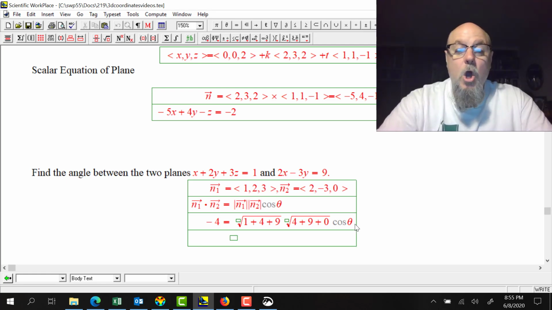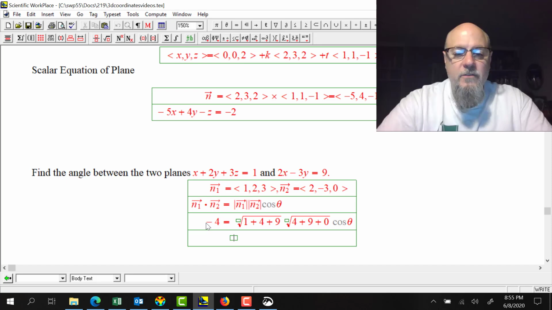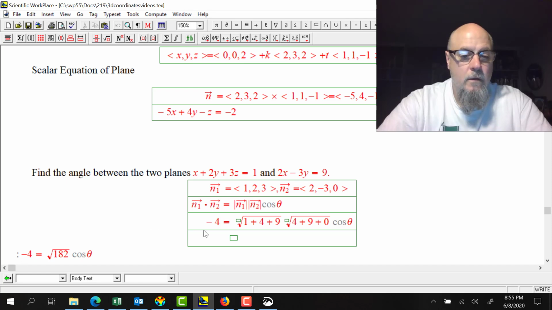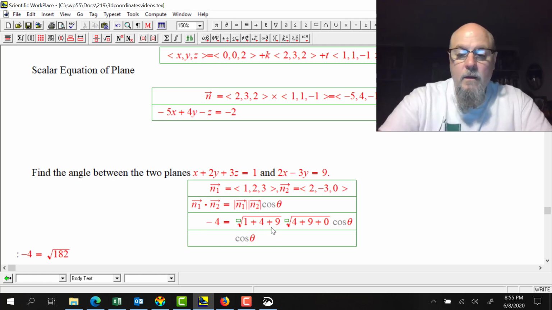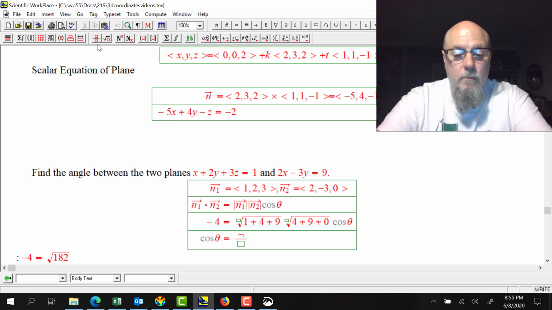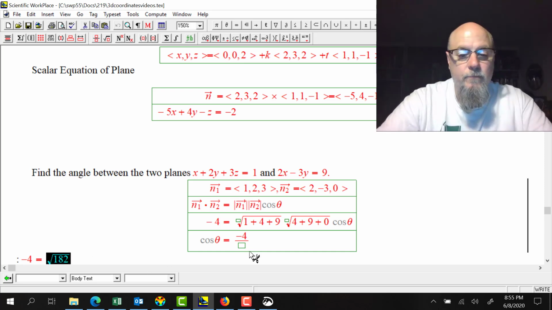Okay, well, let's do this. I'm going to get a negative answer here. Let's work it out and we'll see what this is. So if I simplify this, cosine theta is going to be equal to minus 4 over root 182.